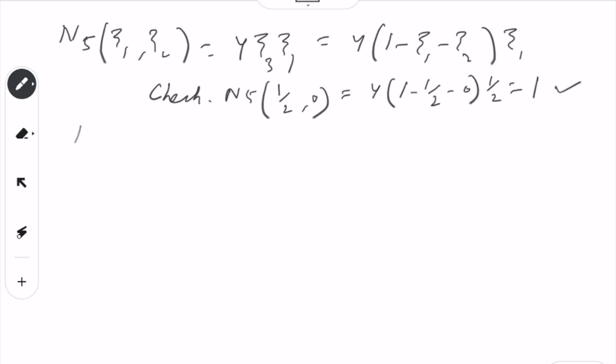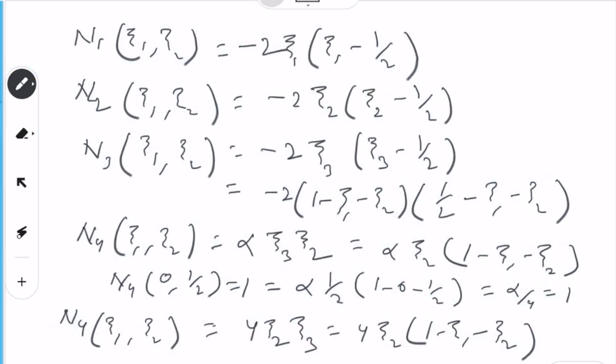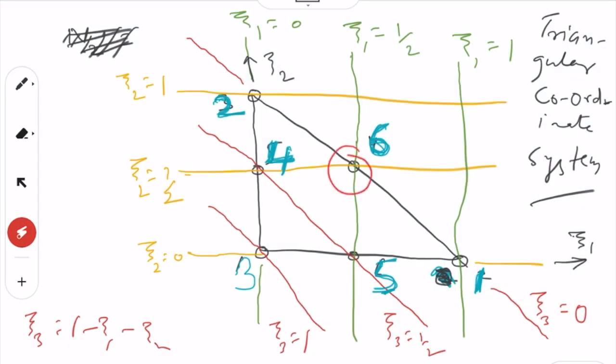Similarly, n6 of xi1, xi2 you can get from here, 1 and 2, so 4 xi1 xi2. You can check that point number 6 is here. What is the coordinate? xi1 is this, xi2 is going like this, and it is nothing but half and half.